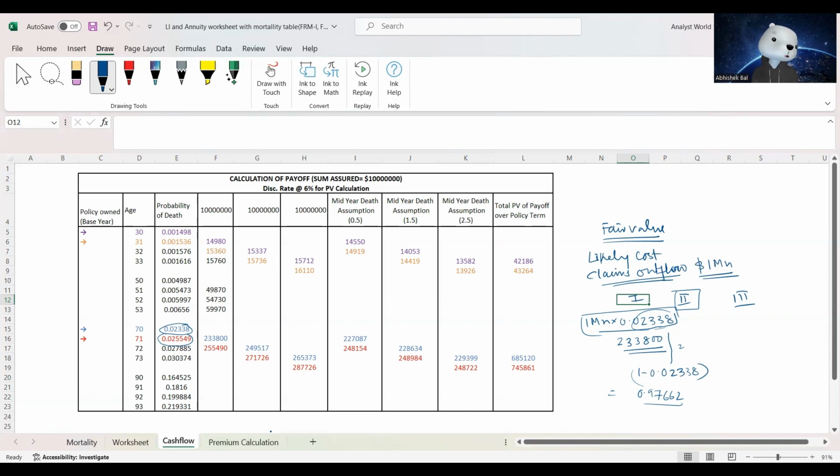Now, what is the probability that the person may die between the 71st and 72nd year? That is 0.025549.